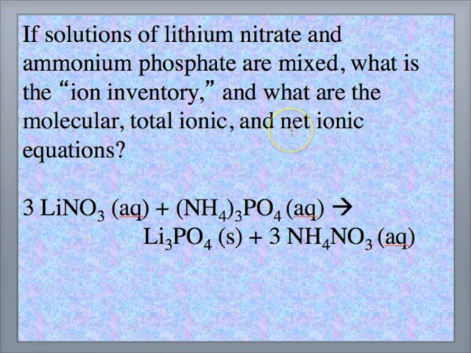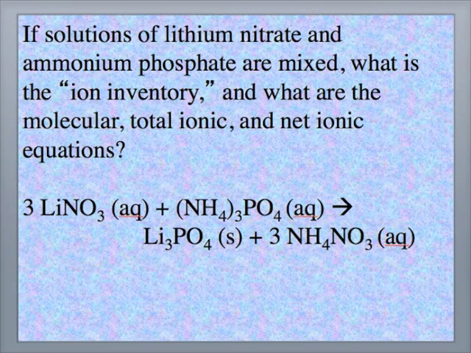Now we have to write the total ionic equation. And we do that by breaking each one of these compounds up into ions, except for the lithium phosphate, which does not dissolve and does not break up into ions in solution. It is insoluble. But these other 3 compounds, all in the aqueous phase, are all existing as ions surrounded by water molecules.